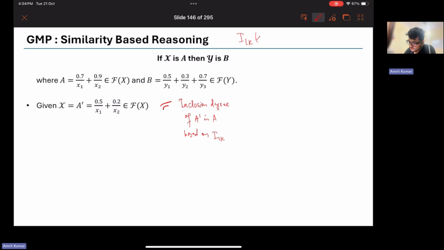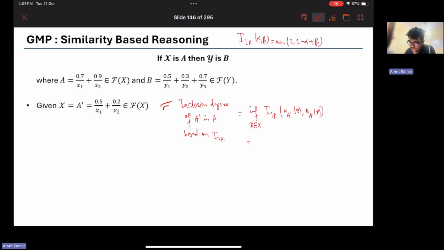So just to recall, Lukasiewicz implication is given in this particular manner, right?